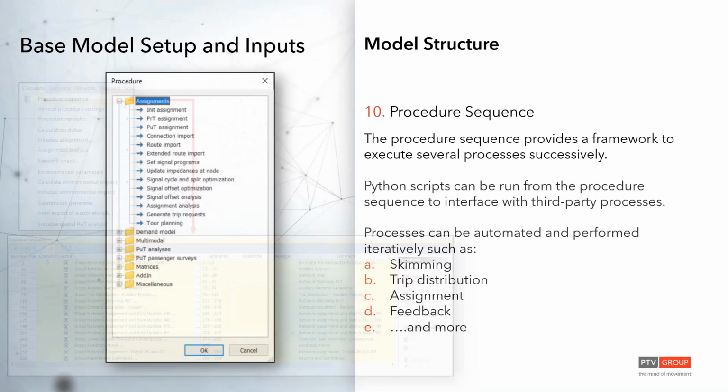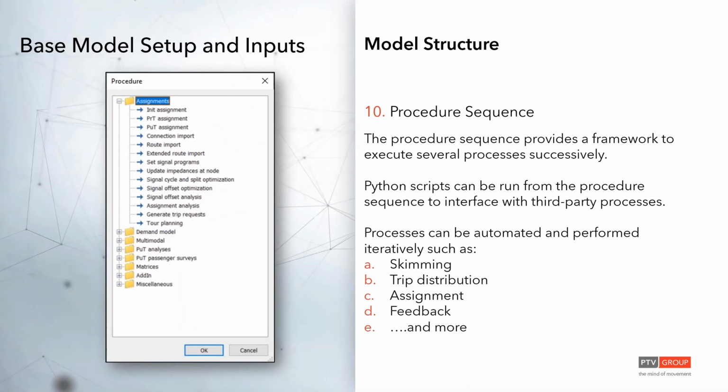There are different operations that you can include in a procedure sequence. You can call Python scripts to interface with other third-party tools. You can implement skimming, trip distribution, assignment, feedback, and there are a lot of things.